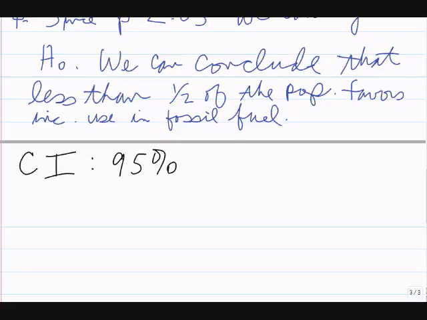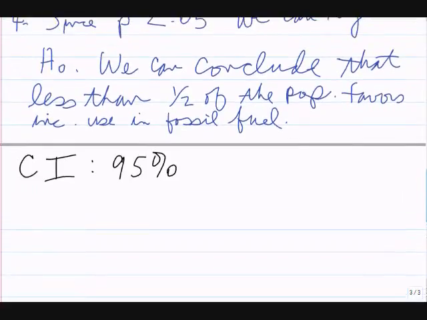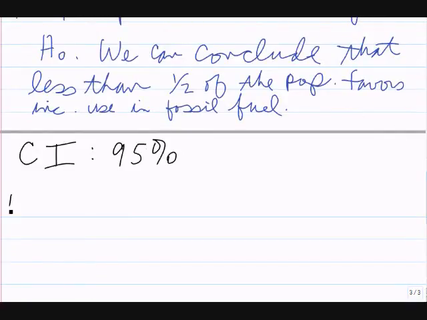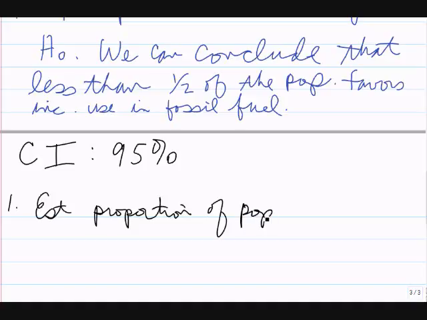And I'm going to make one from scratch because there are a few things we got to do differently. Step 1, we're going to estimate the proportion of the population who favors increase fossil fuels.